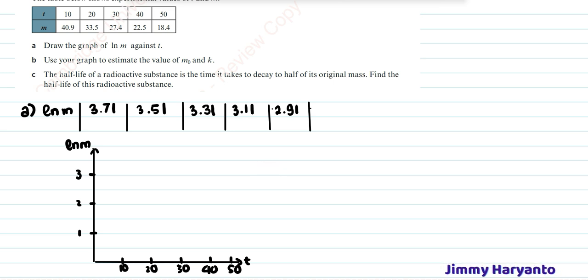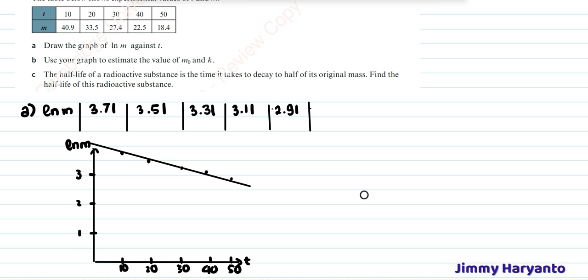We'll start with 3.71, maybe around here, and then 3.51. My bad, 10 with 3.71, right? That means right here, and then 20 with 3.51 right there, and then 30 with 3.31, then 3.11, and then 2.91. Okay, so this is our line, and then we only have to connect it using a straight line.